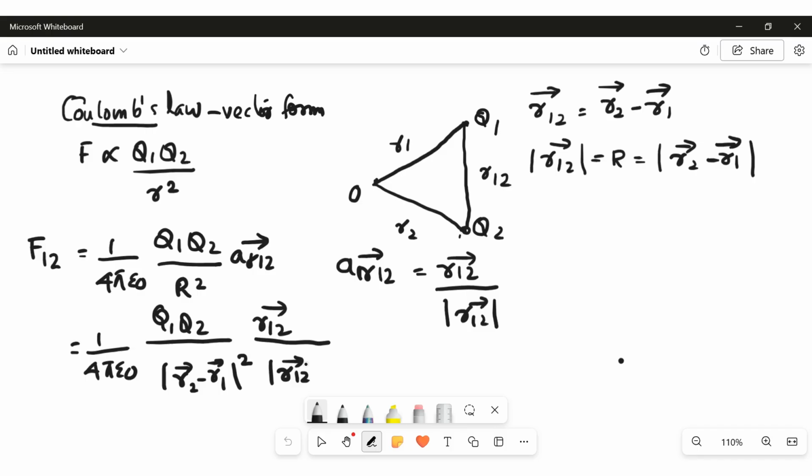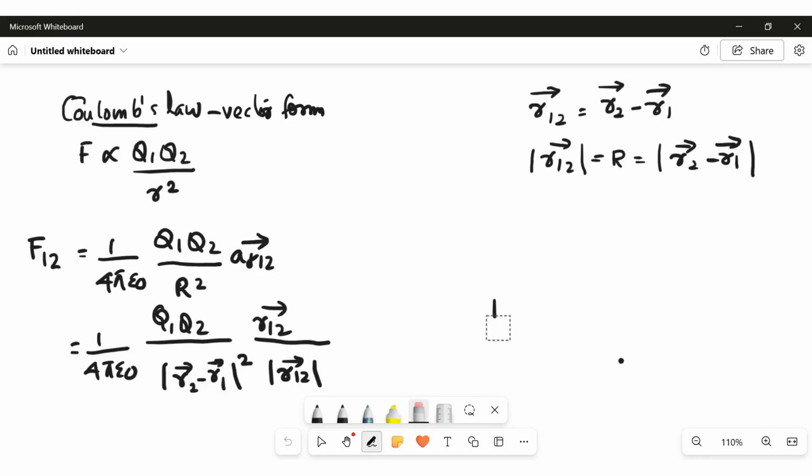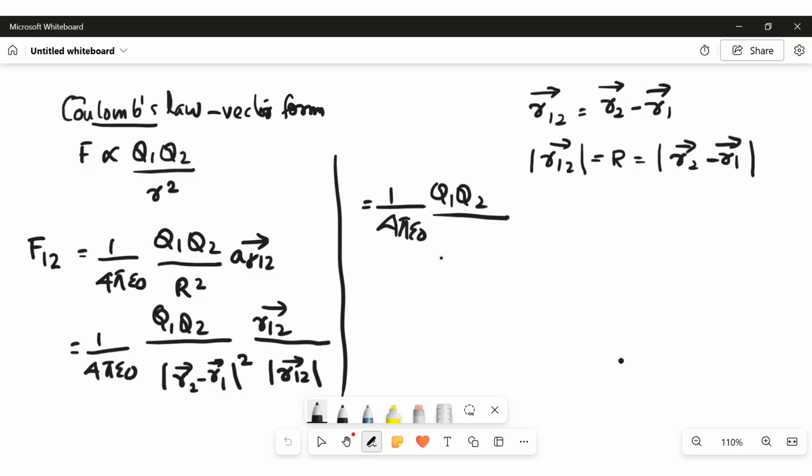Okay. So which can be rewritten as 1 by 4 pi epsilon 0 Q1 Q2 divided by magnitude of R2 minus R1 the whole square, into R12, which is vector R2 minus vector R1, divided by magnitude of R12.